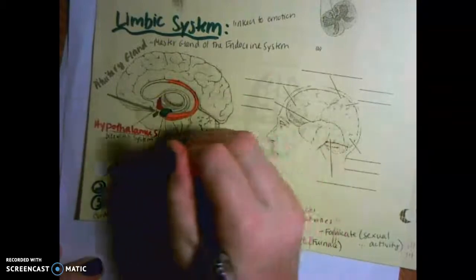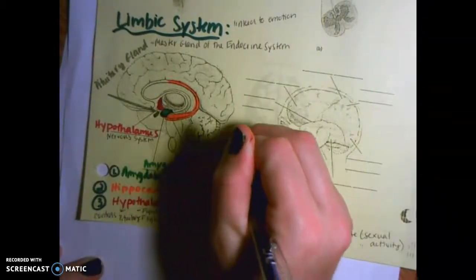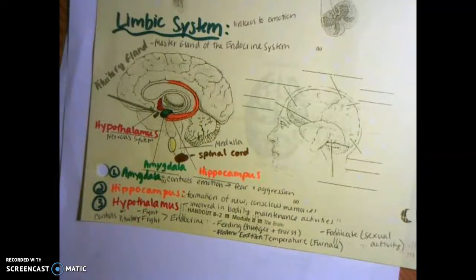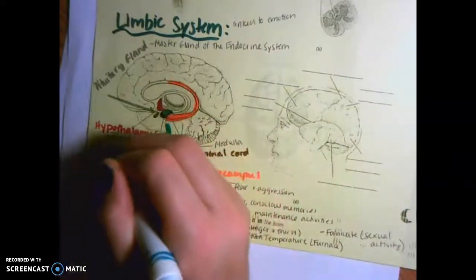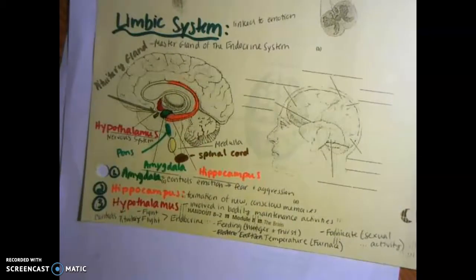But this bump out right here, this would be your medulla, which controls heartbeat and breathing, right? The next bump out right here, I'll label that as your pons, which we talked about. Your pons helps coordinate movement. It's active when you're dreaming, okay?